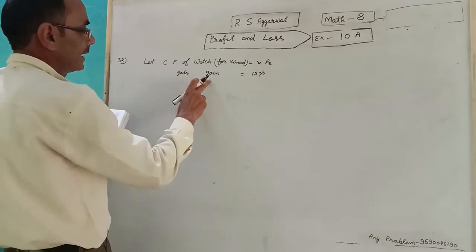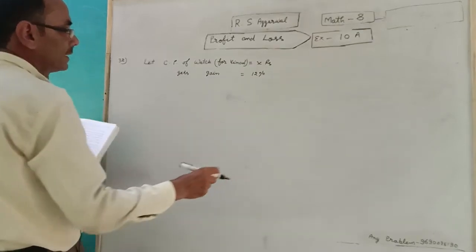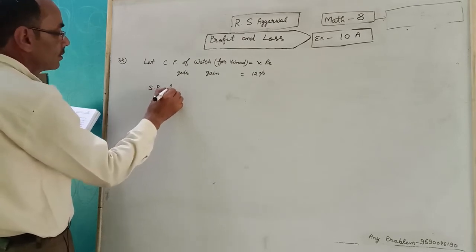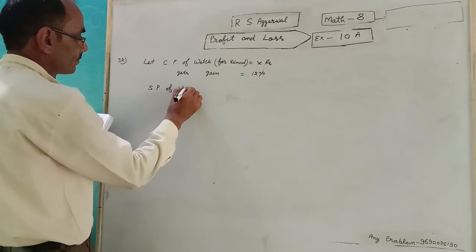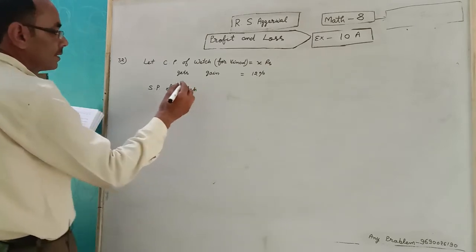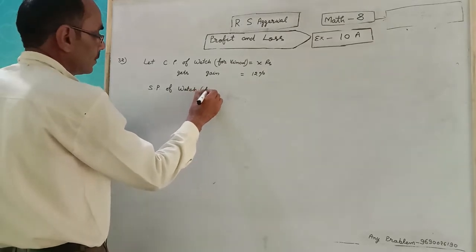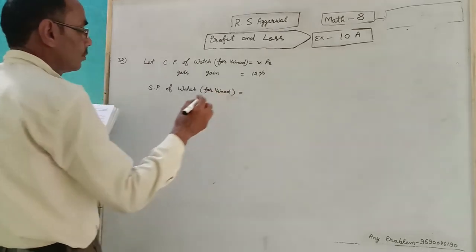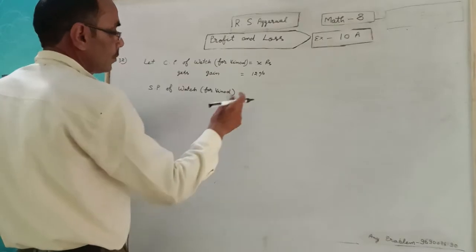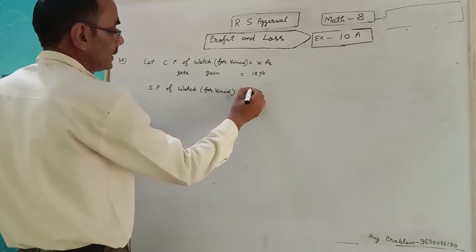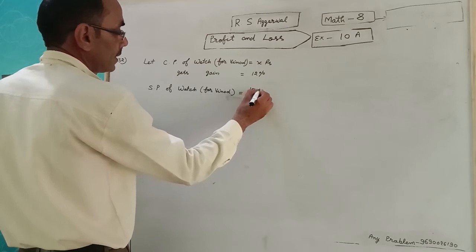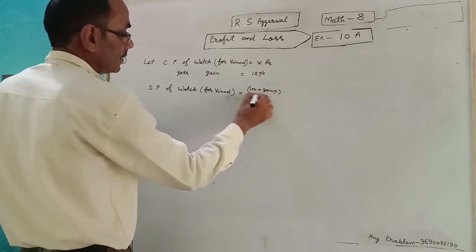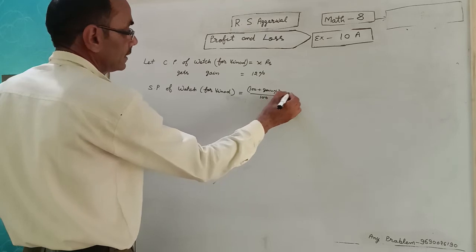Let the CP be X, and he gets a gain of 12%. The SP of the watch for Vinod is equal to, we use the formula, 100 plus gain percent upon 100 into CP.